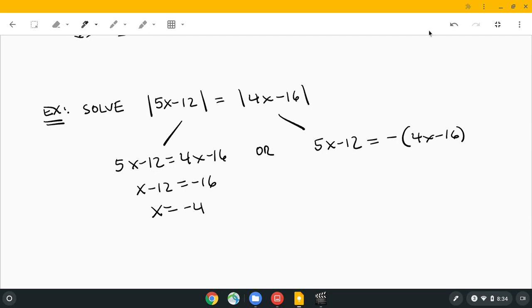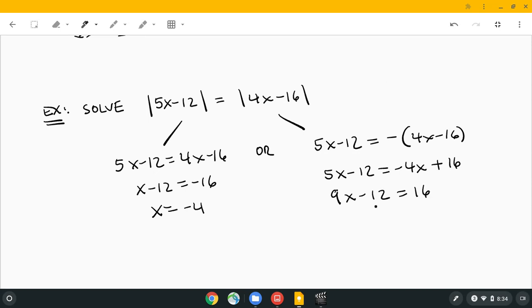And then I'm going to go ahead and distribute this negative. Negative 4x, positive 16. Okay, and so I'm going to go ahead and add 4x on both sides. And that will give me 9x minus 12 equals 16.